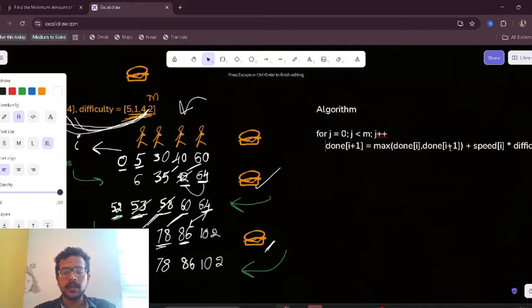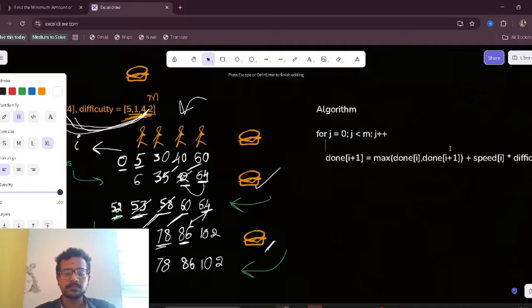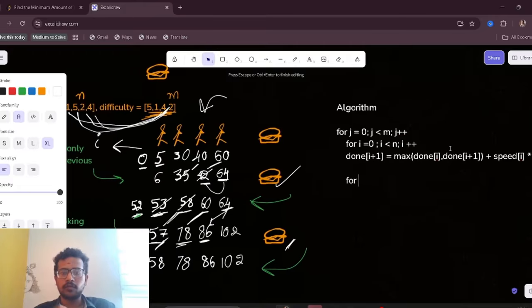After that, here it would be iterating for i equal to 0 and i less than n and so on, then i plus plus. After that, here it would be for i going from right to left, decrementing one by one. So i equal to n minus 1, i greater than or equal to 0, i minus minus.